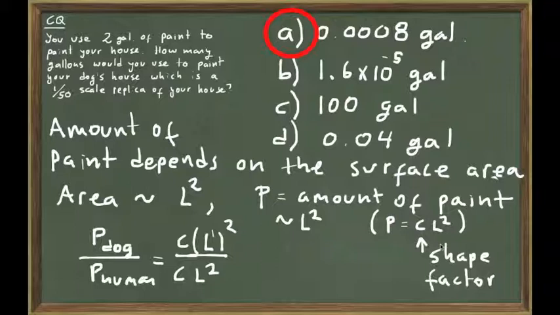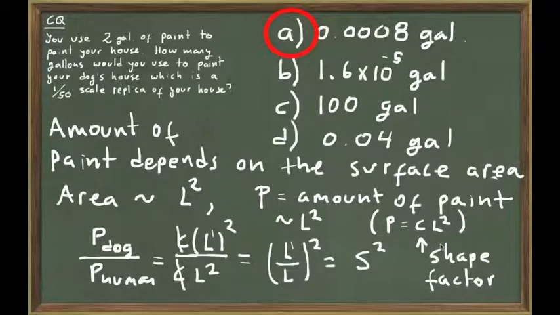That C is what we called before the shape factor, for example. So that can turn this into an equation with C L prime squared divided by C L squared. Of course, because the two houses are scaled versions of each other, the proportions are the same, so you can be sure that the shape factor is the same here. So that's going to cancel, right? So it's what I said before: since P is proportional to L squared, the ratio of the P should be equal to the ratio of the L squared.